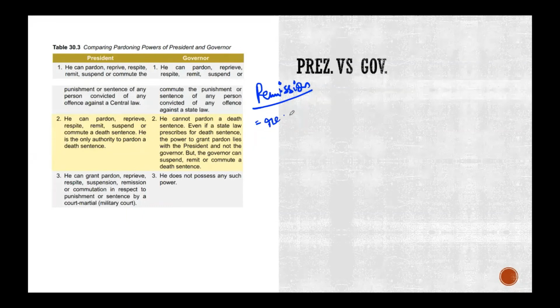Okay, so remission is a reduction. Possibly it could be 2 years rigorous imprisonment has been reduced to 1 year rigorous imprisonment. Great. What about commutation? Substitution. Excellent, Sangeeta. Commutation, substitution.